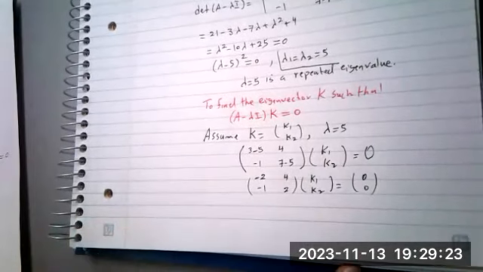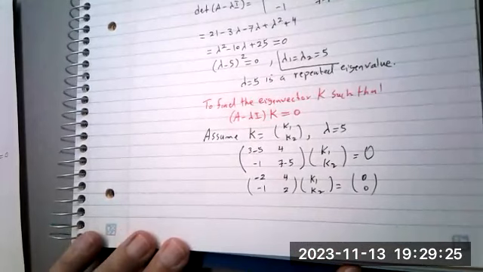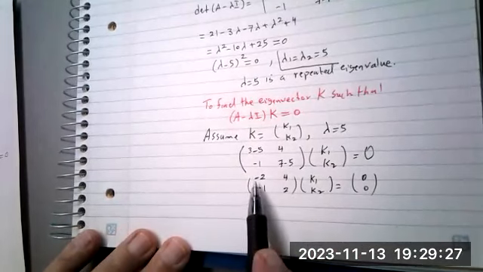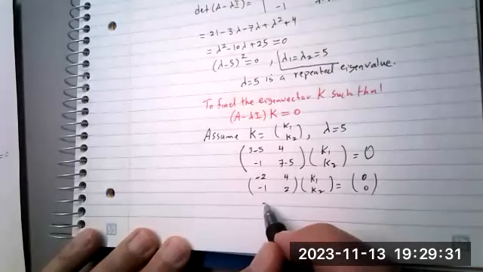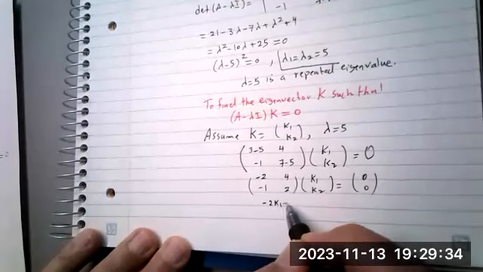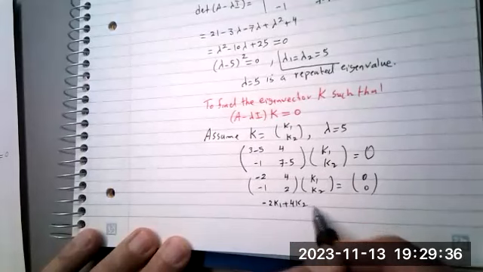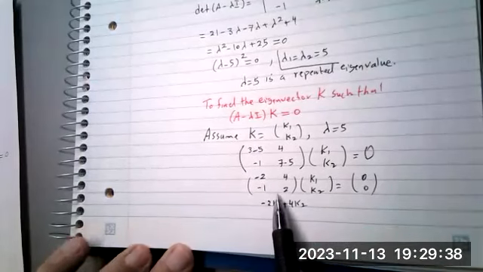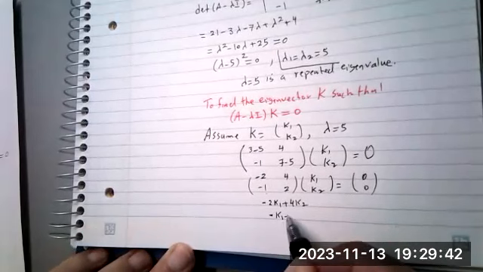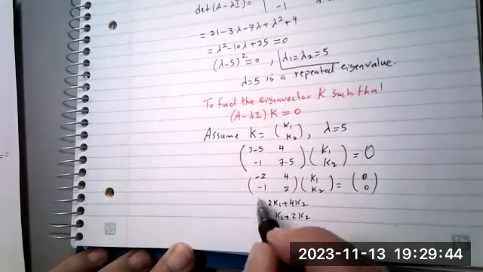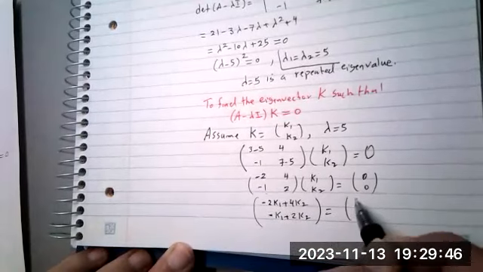We multiply together, as we did before: -2 K1 plus 4 K2. And you repeat it for this row, -1, 2, so it gives you -K1 plus 2 K2. This must be equal to 0, 0.